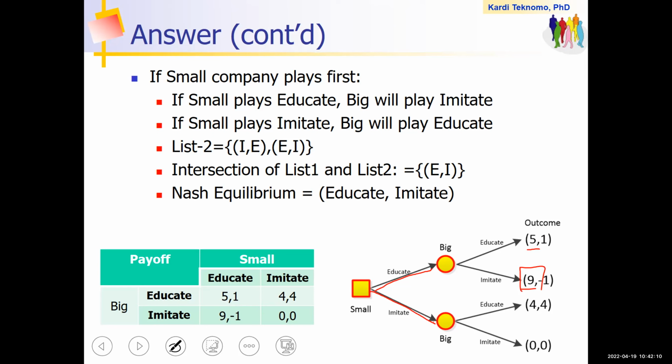Between 4 and 0, so 4 is winning, right? So in that case, you have imitate, educate, and then educate, imitate. If you take the intersection between the two, again you get educate, imitate, which is the same as domination.